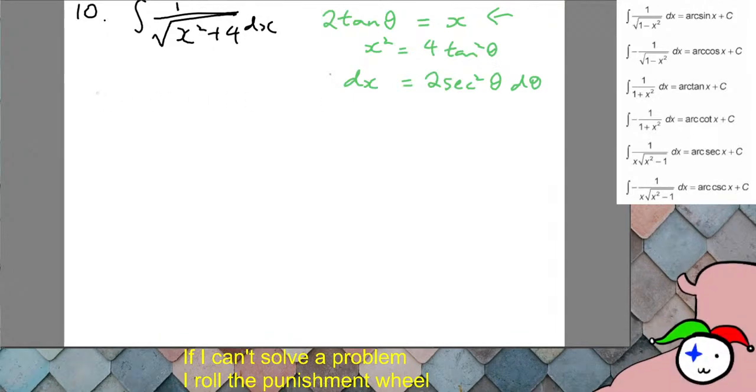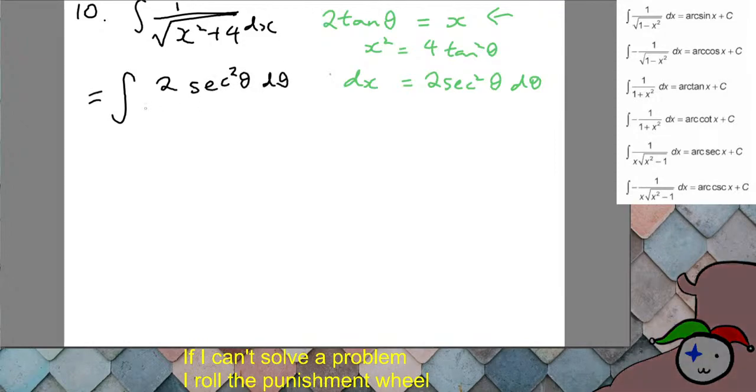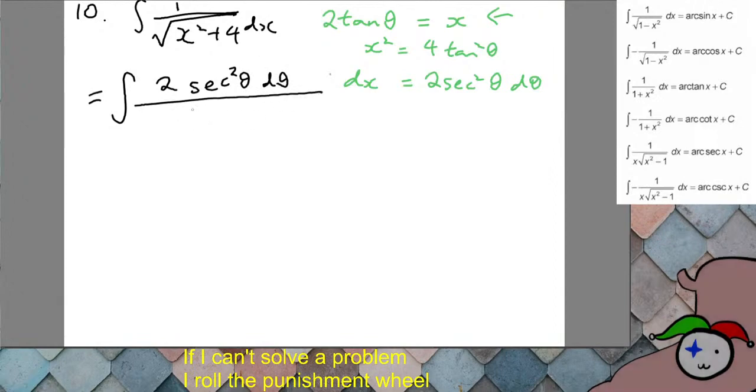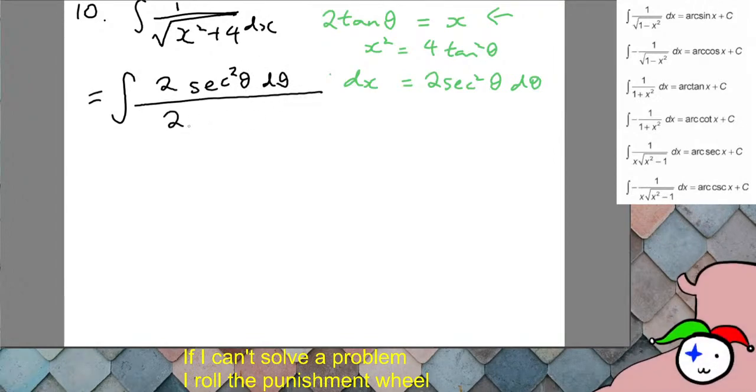That's the substitution we're using, which, God, these are probably the ones I'm least confident in knowing. So we have 2 times secant square of theta d theta over, let's take out the 2 at the front, then tan square of theta plus 1.